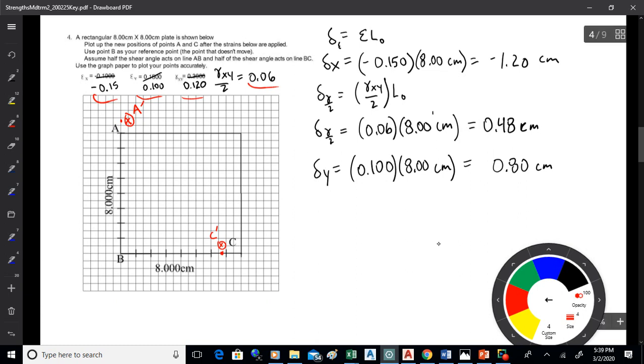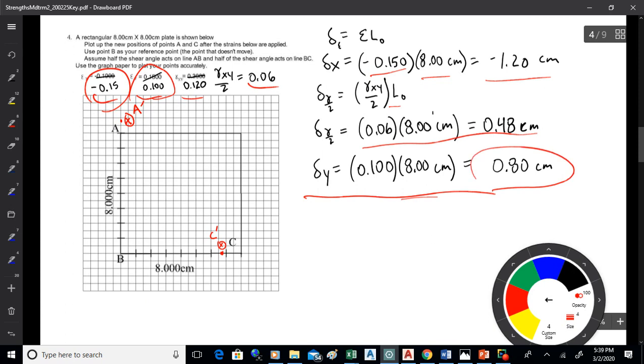So for delta x, it's the negative 0.015 times 8 centimeters, it's negative 1.2 centimeters. For the deformation perpendicular to those lines there, you would take half of the shear strain, which is 0.06 times the 8, so that's 0.48 centimeters. For delta y then, it's 0.1 times 8 centimeters, 0.8.